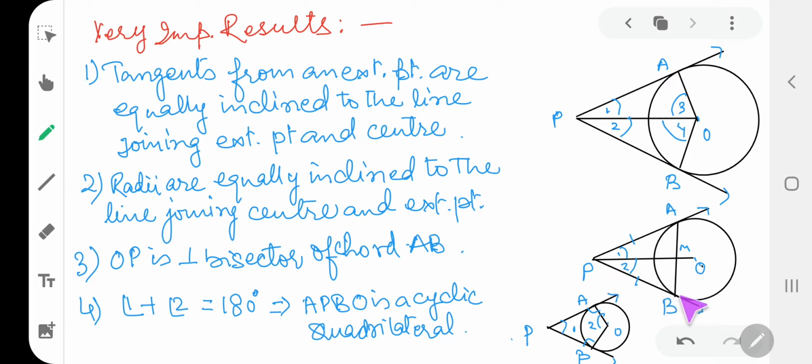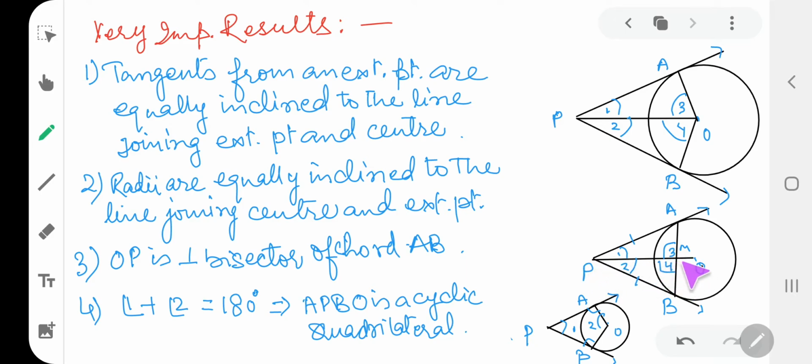So these two triangles are also congruent, and we can say angle 3 and angle 4 are equal, and since they make a linear pair, these two angles are 90 degrees each.